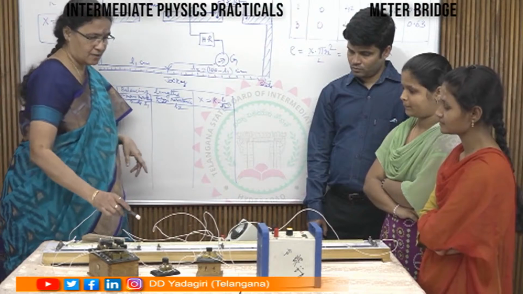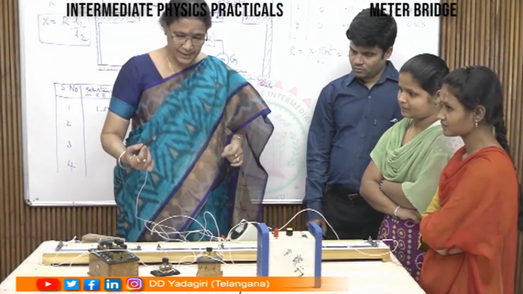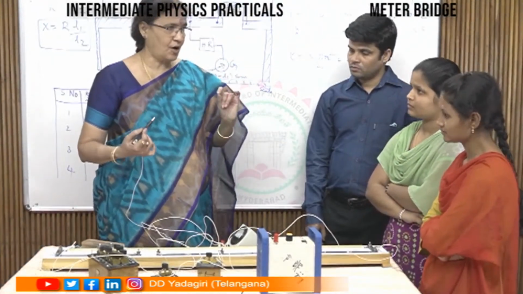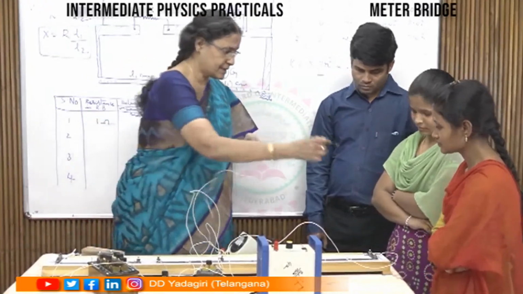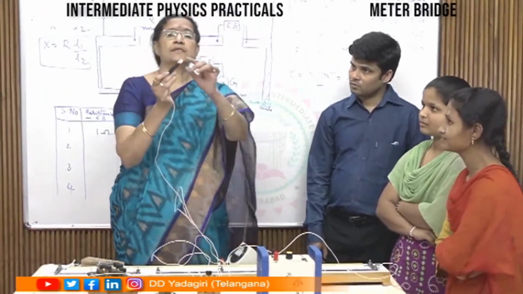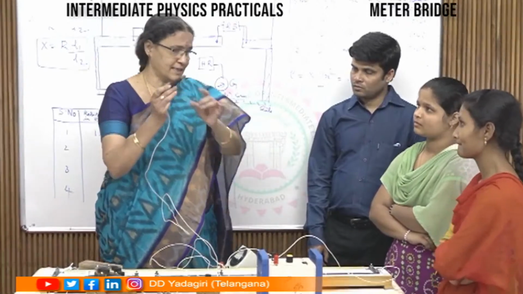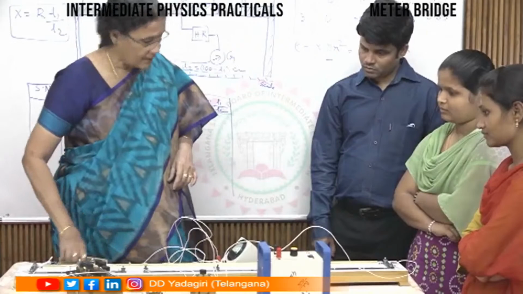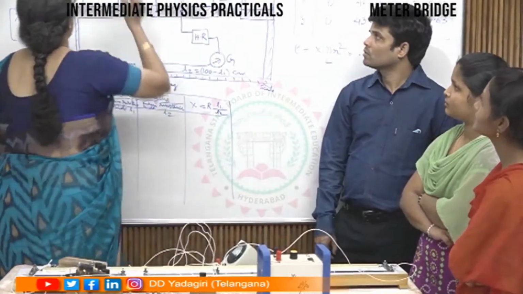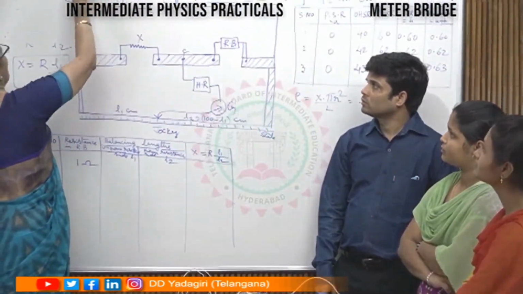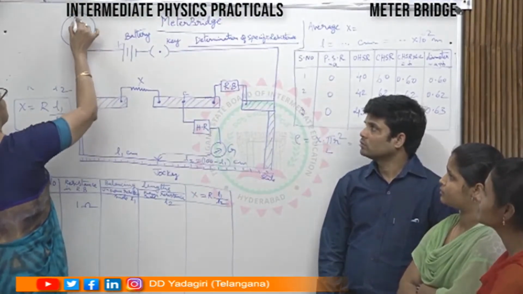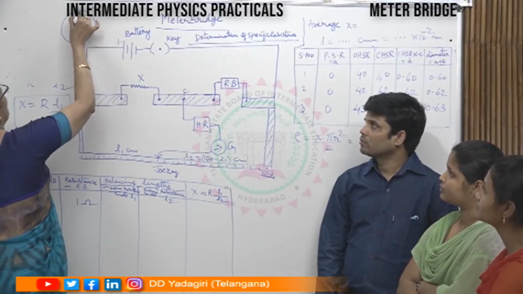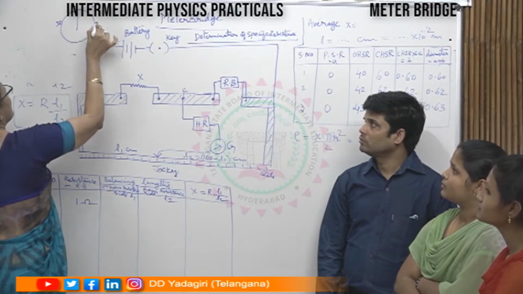Now, to check whether your connections are correct or not, what you have to do is, this is called a jockey. This is the metal contact. You just press on one end of the meter bridge wire. Now, when you press at one end, you have the galvanometer, 0, 30 or 20, whatever it is.